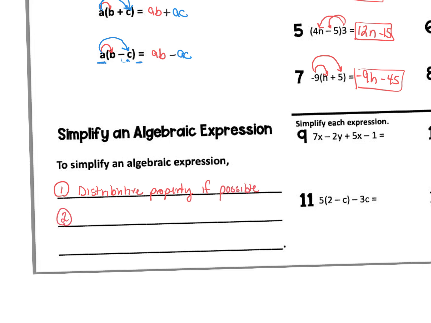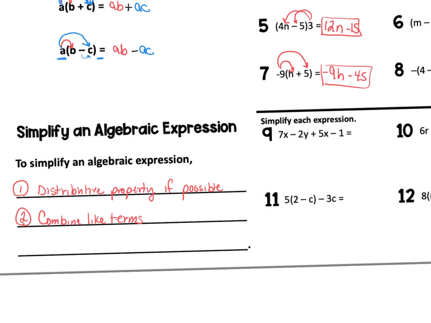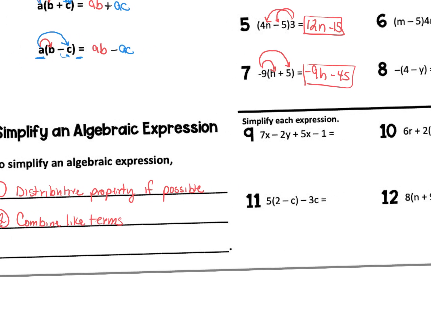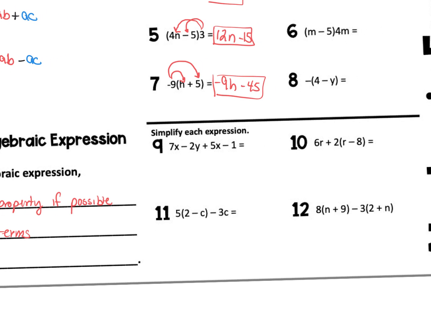And then the second step is to then combine the like terms. Now, because there's more than one step, we need to do all the steps on a separate line.